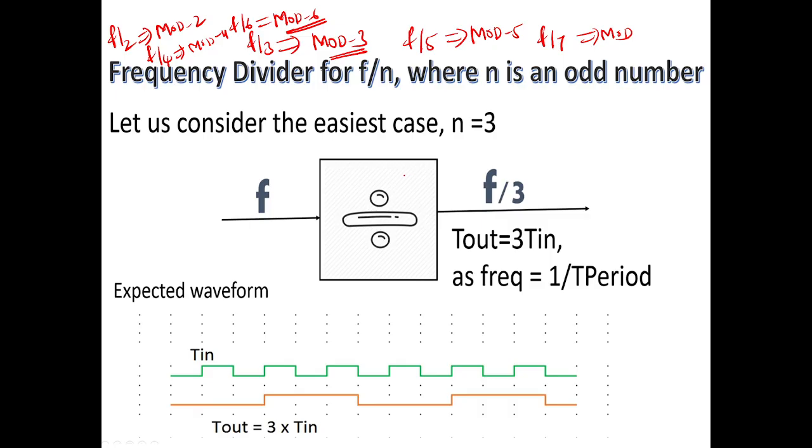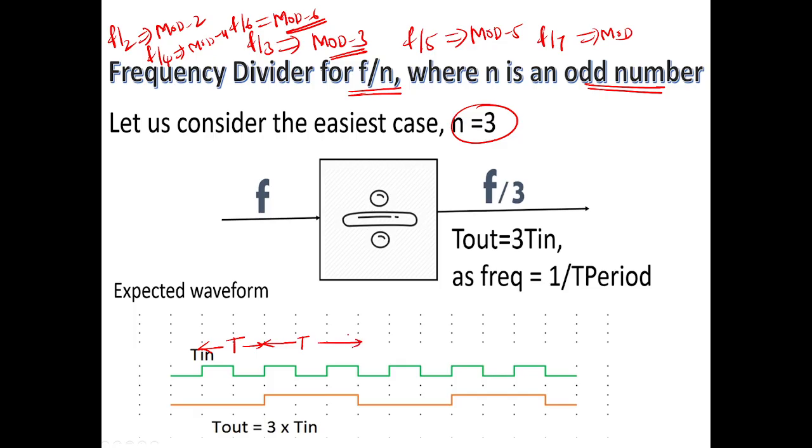Here, if it is frequency divided by n, and n is an odd number, take n equal to 3. So n equal to 3 means this is my expected waveform. Normally, if you see the time period, this is T, my time period, and this is one more time period.